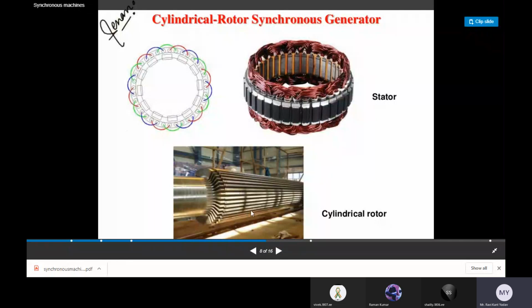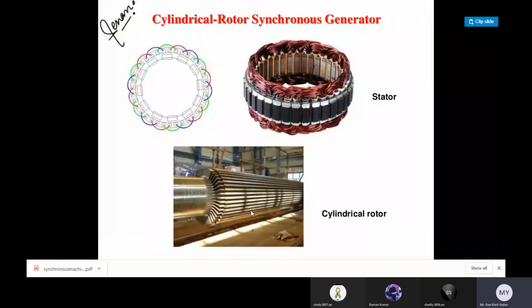In the slots, we make a field winding, and externally we supply DC to the rotor winding, and with the help of the prime mover we apply kinetic energy in the form of rotation, which induces EMF in the armature winding. I discussed in a previous mini lecture how the EMF is induced.